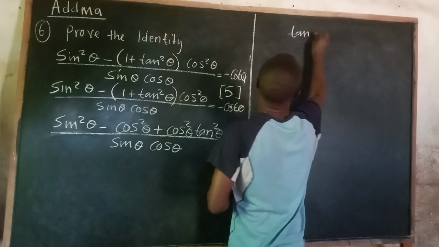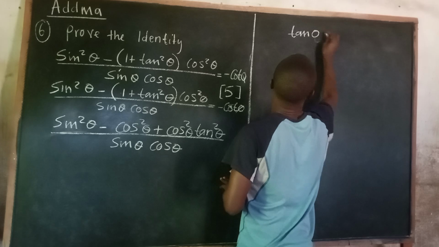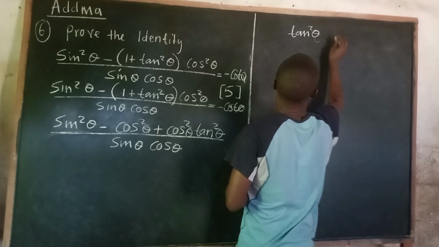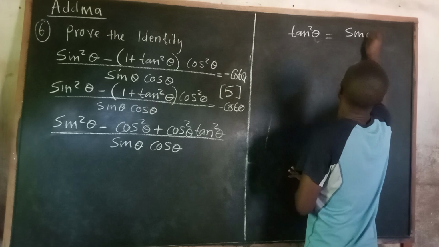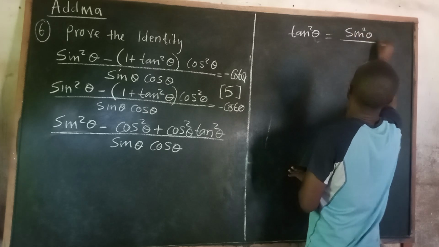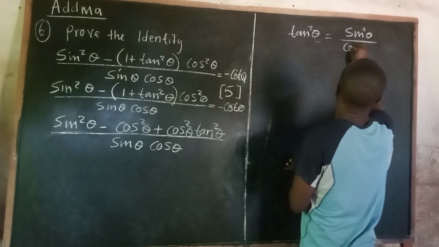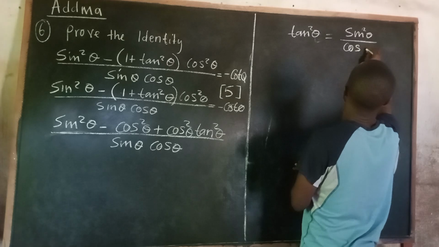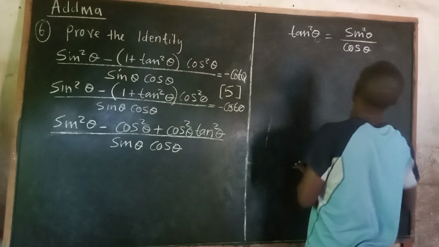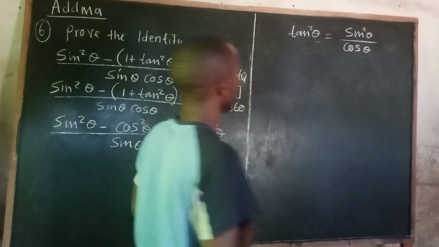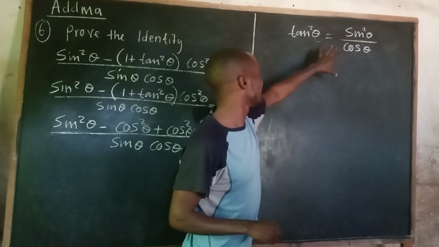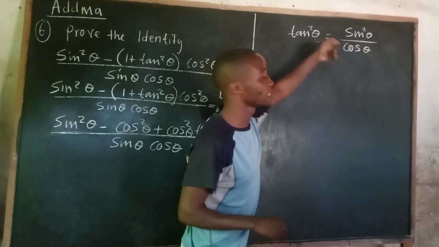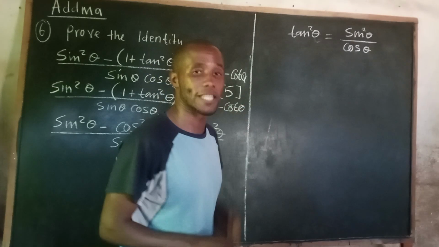So tan theta squared is equal to sine theta squared over cos theta squared. This is called the quotient identity: tan theta is equal to sine theta over cos theta.